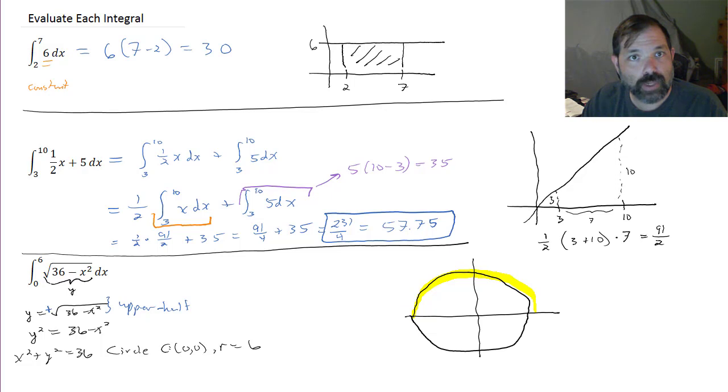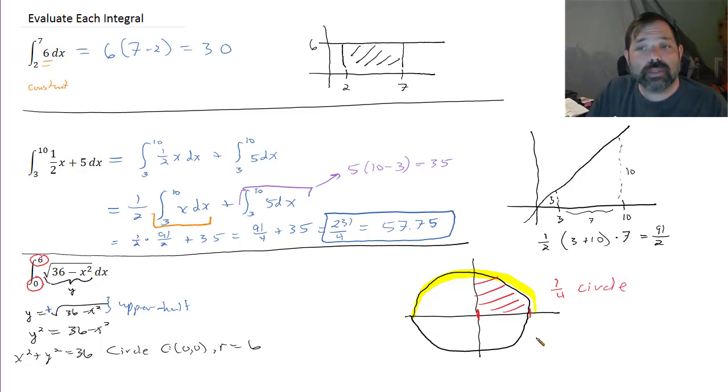Now, we were integrating from 0 to 6, so we want the area of this shape from 0 to 6. So we're only looking for this area. And so that area is a quarter of a circle.